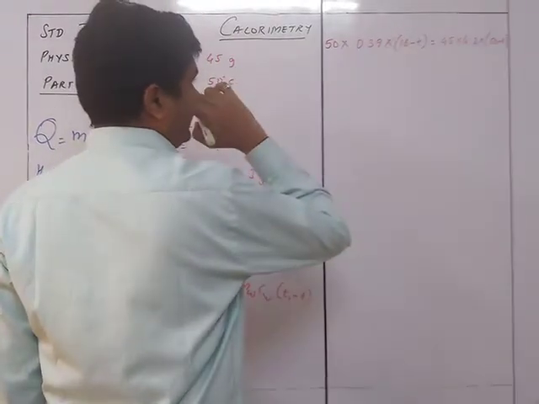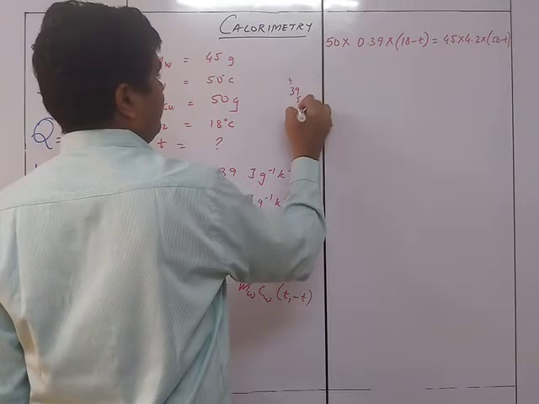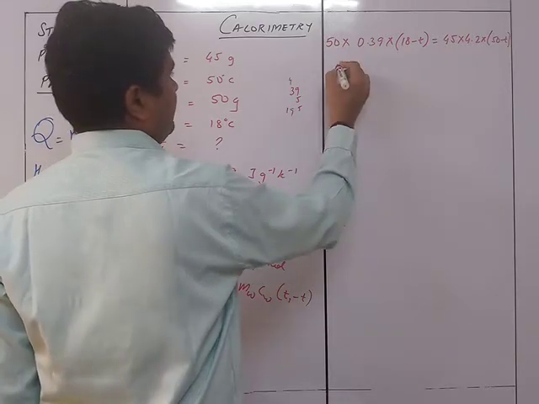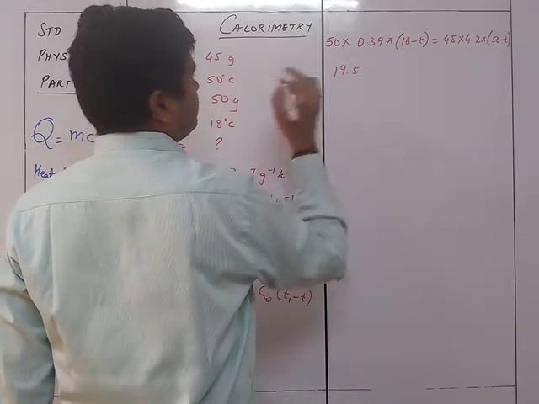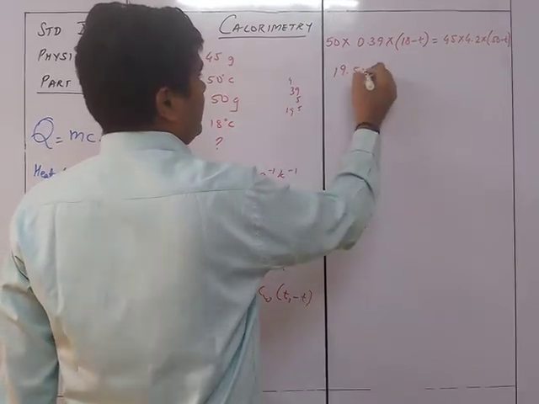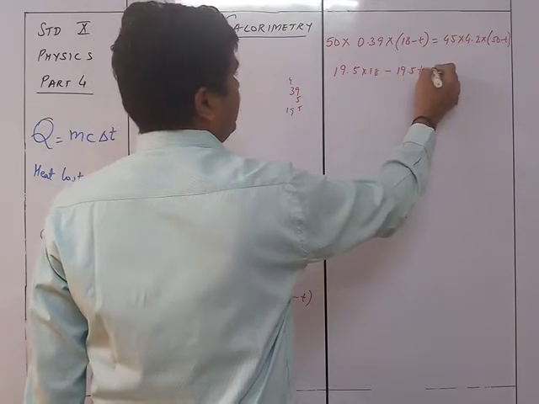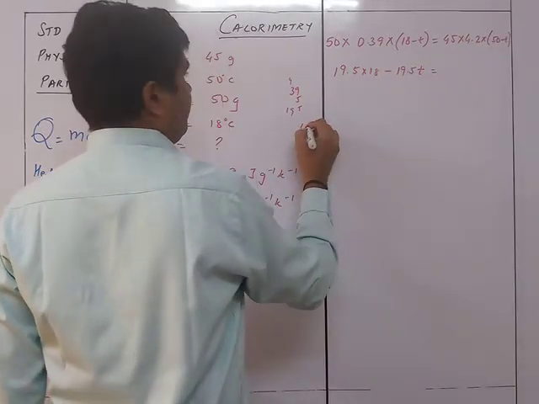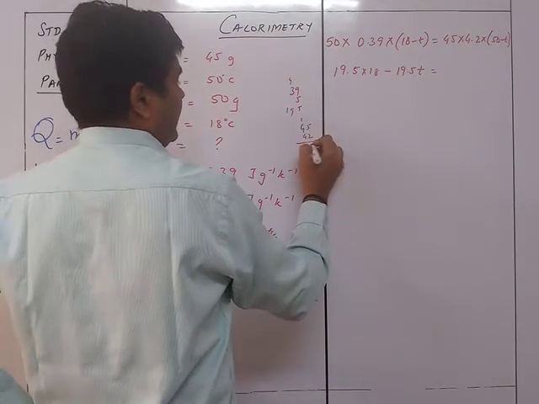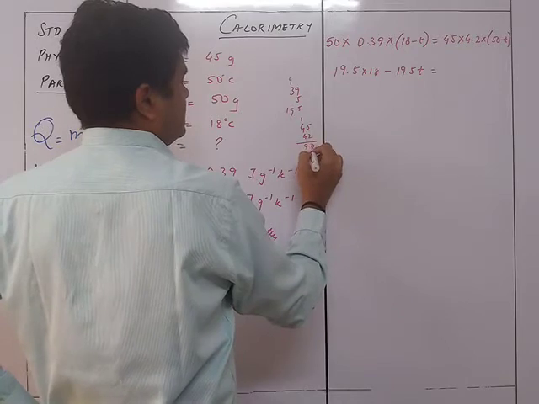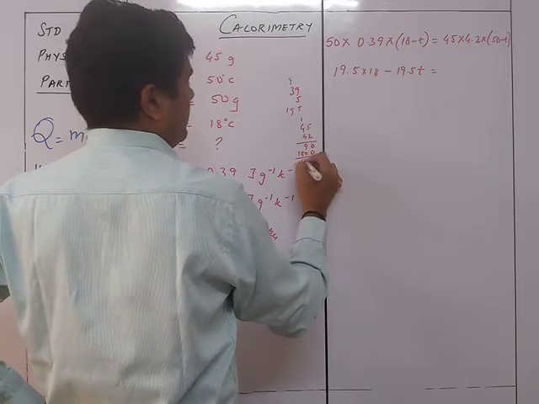So this multiplies to 39 into 5, 195. So that will be 19.5 into 18 minus 19.5 T is equal to 45 into 4.2, which is 189.